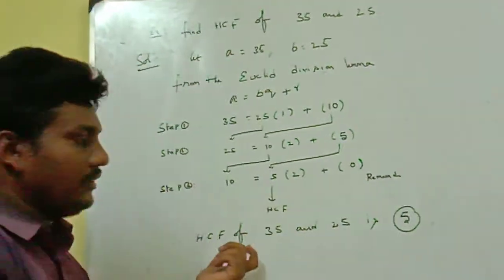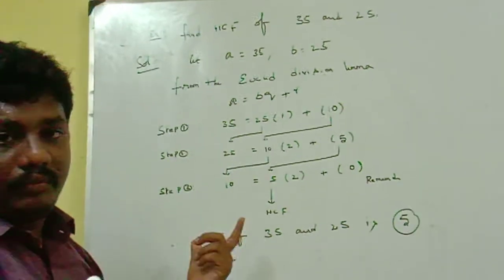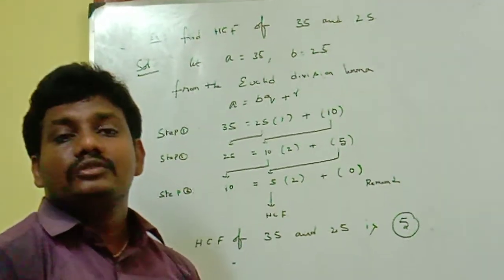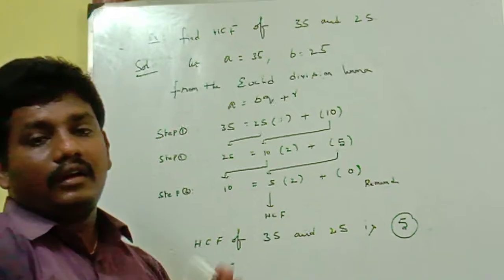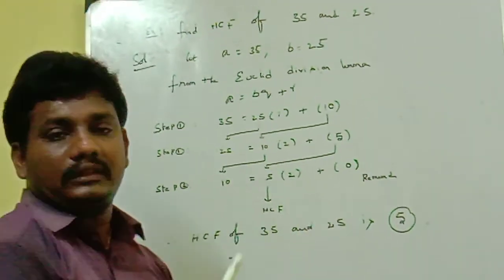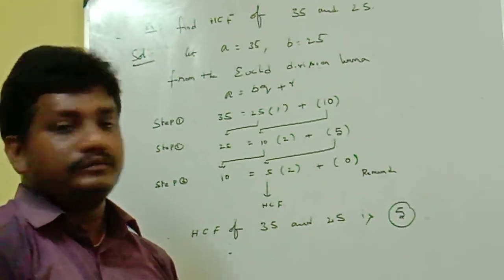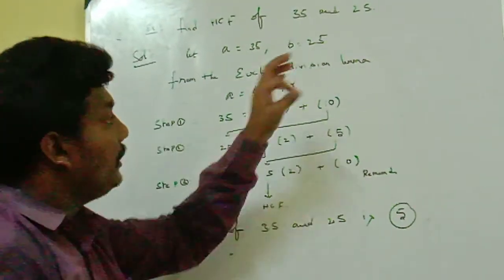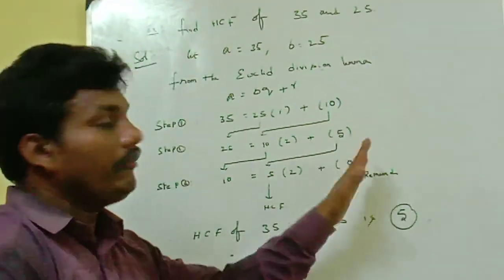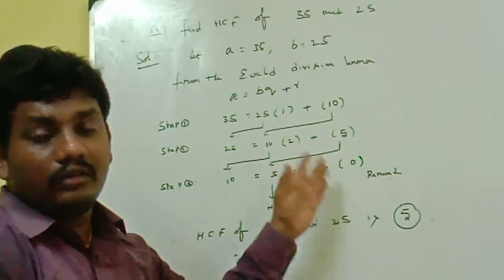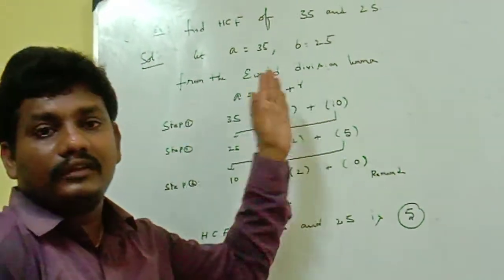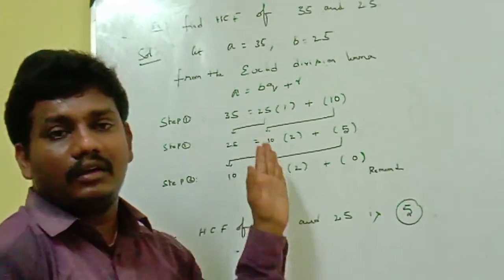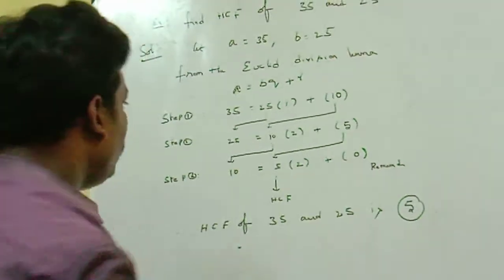Then by using Euclid's division lemma, how to find the HCF of decimal numbers? This is only for integers, but if decimals are given in this method, how to find the HCF of decimals also by using Euclid's division lemma, we are going to discuss now.